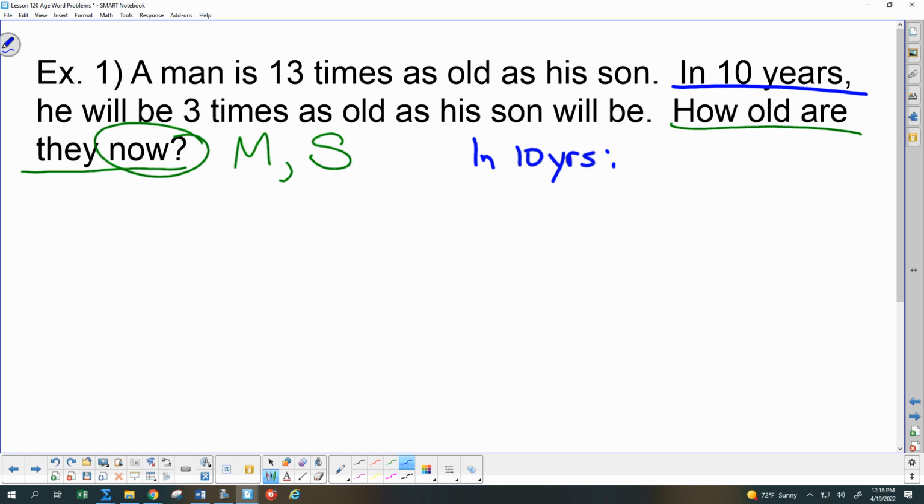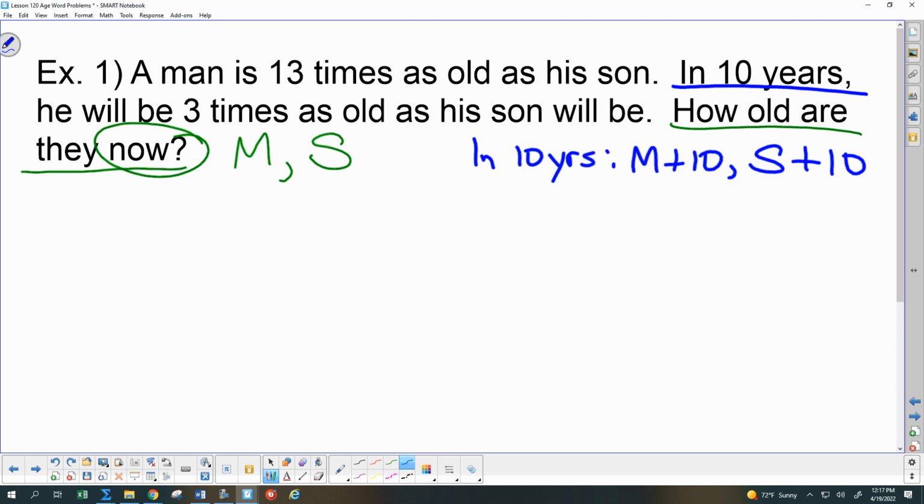I hope 10 years from now I am 70 something, not 10 times my current 60 something. Plus is what we need on both of those. So the man will be M plus 10 and the son will be S plus 10. You don't necessarily have to write that part down on your papers when you're doing these from a problem set, but that's kind of your starting point of thinking.